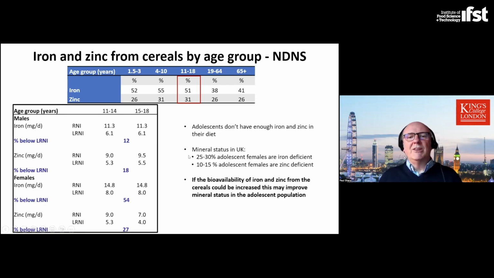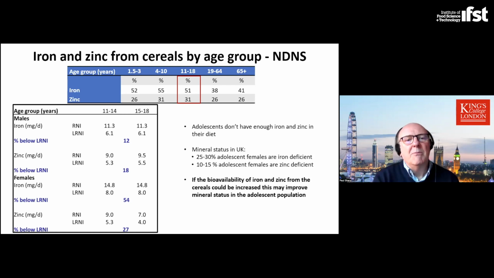Now, if we try and look at that and see how it relates to the dietary reference values, what I'm showing you here is the reference nutrient intake, which is the upper level of requirements that's predicted, and the lower reference nutrient intake, which is the lower level. And in blue, the percentage of the population groups within the adolescent population whose intakes of iron and zinc are below the lower reference nutrient intake.